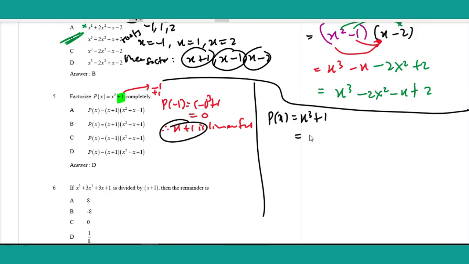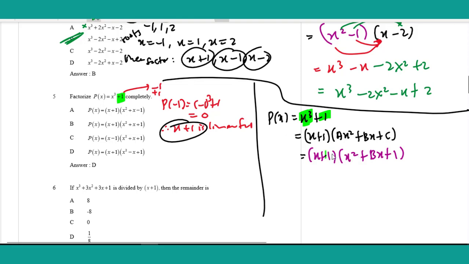We get x plus 1 first, and the rest should be quadratic. The quadratic is ax squared plus bx plus c, or just write like this: x plus 1 times x squared plus bx plus 1. Why? Because we already know that 1 times 1 is equal to 1.